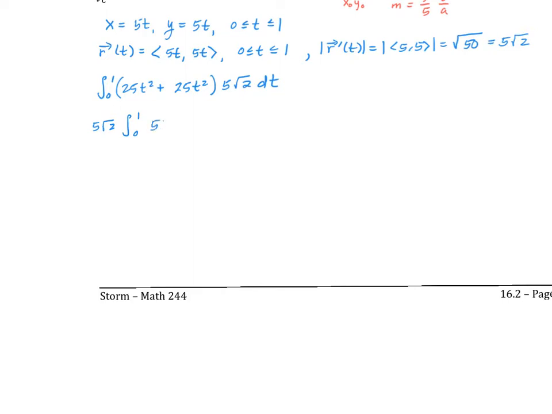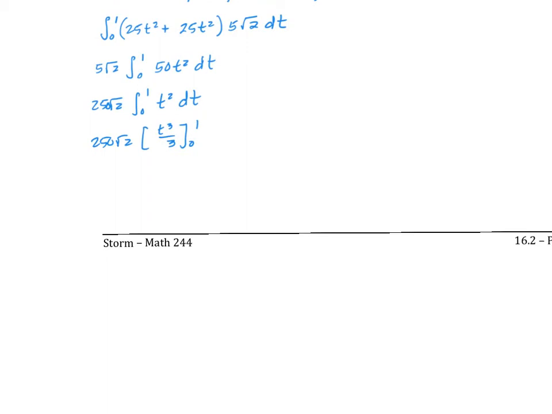So this is 50t squared dt, and I can pull out the 50 to get 250 square root of 2 times the integral from 0 to 1 of t squared dt. Super easy. This is just 250 square root of 2 times t to the third over 3 from 0 to 1, which is 1/3 times the 250 square root of 2. So we get 250 square root of 2 over 3.